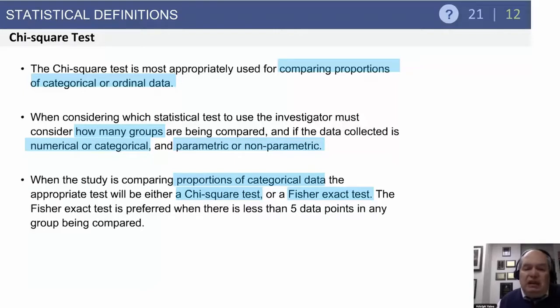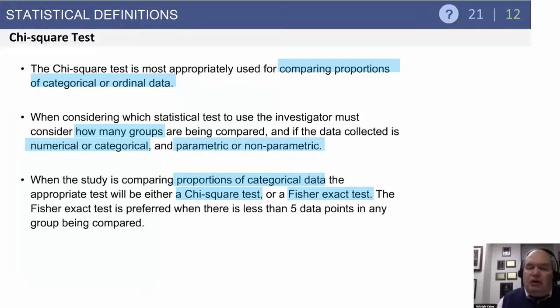When the data is collected, when people are looking at the data, you have to know how many groups. Is it numerical or categorical? Numerical would be more of a continuous value. It doesn't have to be absolutely continuous. And is the data parametric or non-parametric? That describes the shape of the distribution.